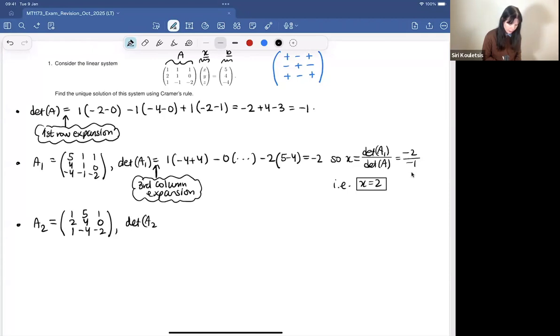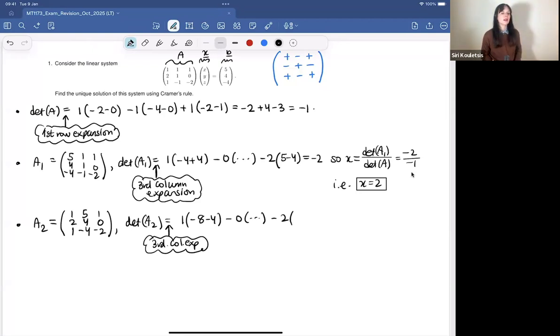As before, we find the determinant. Let me do a third column expansion again. You are free to choose. Here's going to get 1 times -8 -4 -0 times ... And then we have -2 times 4 -10.